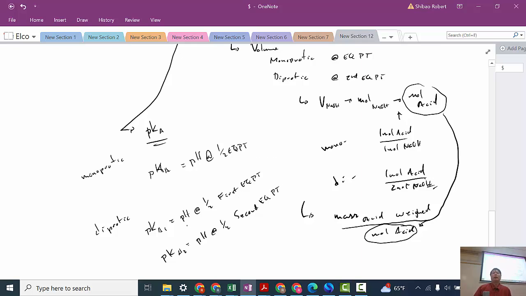Which one would you suspect can be determined more accurately, more reliably, for a diprotic acid? Would you have more confidence in pKa1, or more confidence in pKa2, or equal confidence in both pKa1 and pKa2?